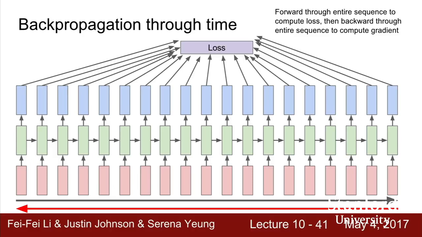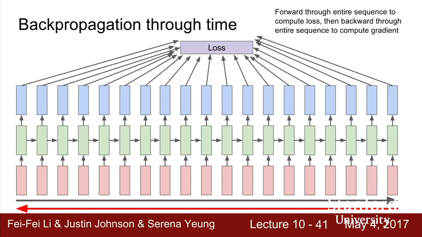So if you imagine that we were trying to train a neural network language model on maybe the entire text of Wikipedia, which is, by the way, something that people do pretty frequently, then this would be super slow. Every time we made a gradient step, we would have to make a forward pass through the entire text of all of Wikipedia, and then make a backward pass through all of Wikipedia, and then make a single gradient update. And that would be super slow.